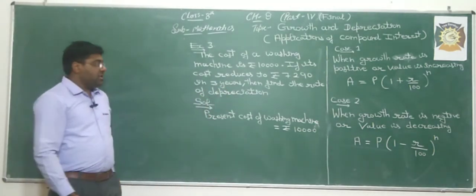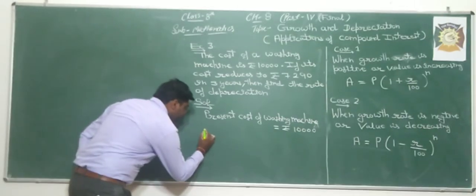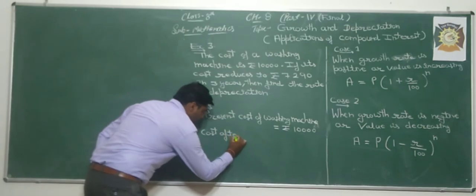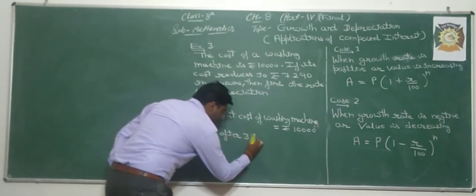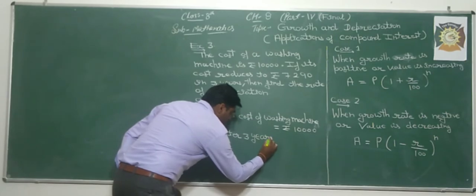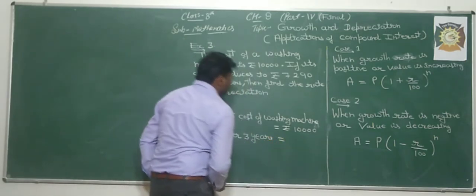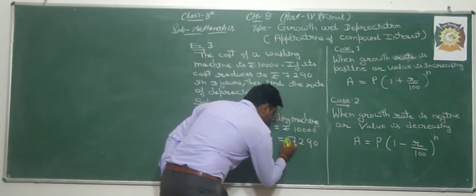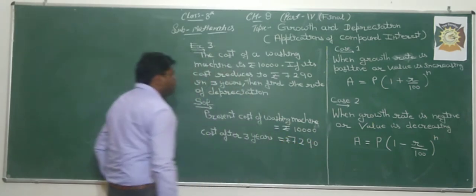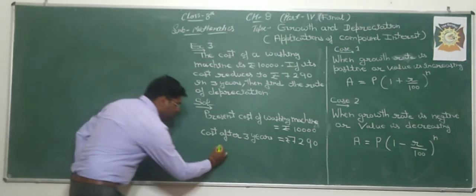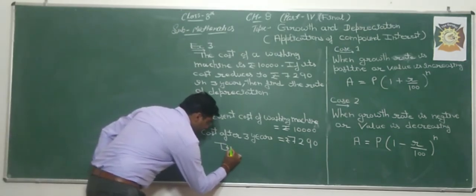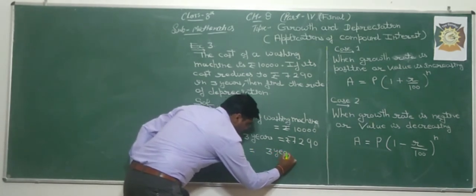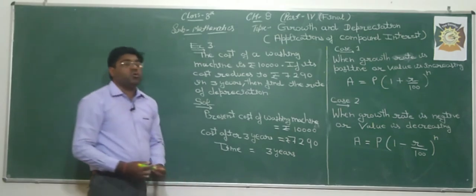So we can say cost after 3 years will be 7,290 rupees. And the next thing is the time. It is 3 years.